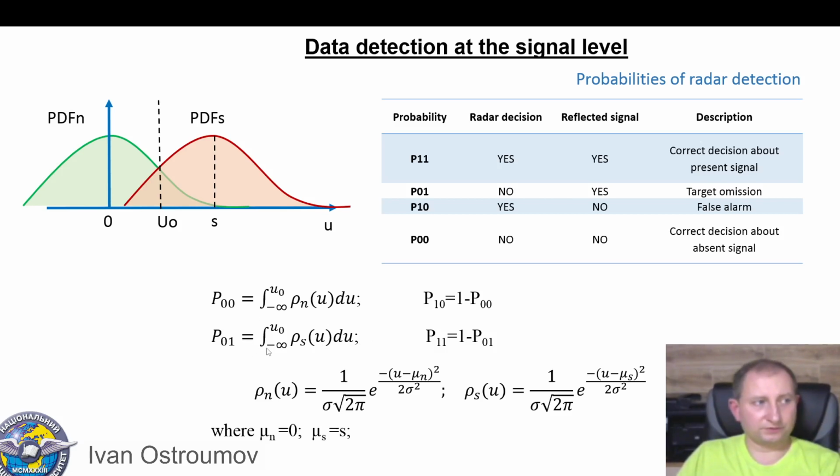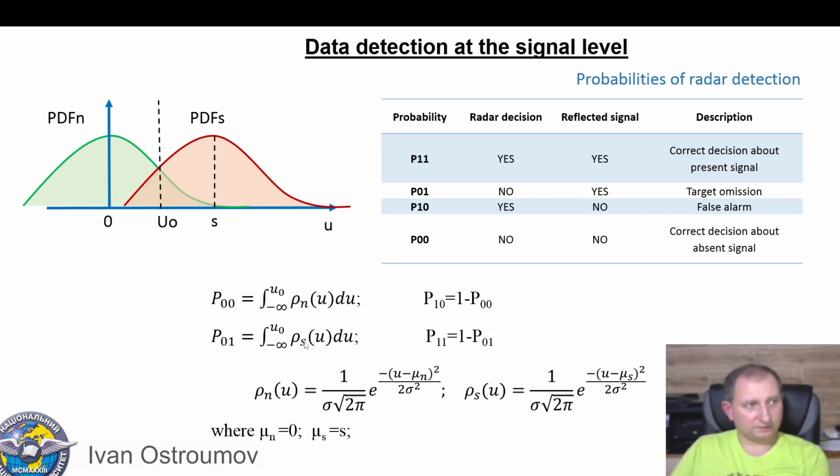That's why it will be the integral from minus infinity up to our threshold value of the probability density function of signal. Please take attention that here is the raw signal, the red one, and here raw noise or absence of signal. In this case, the mean value is equal to 0, and it is the green line. That's why rho n is the green line, rho s is the red line of probability density functions.